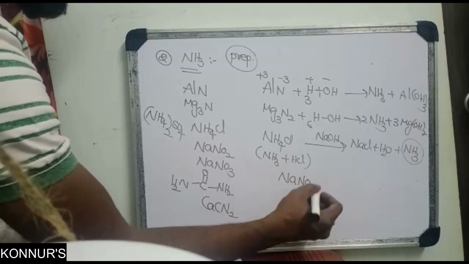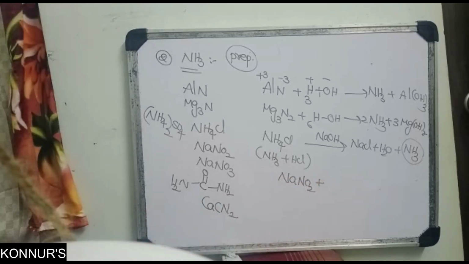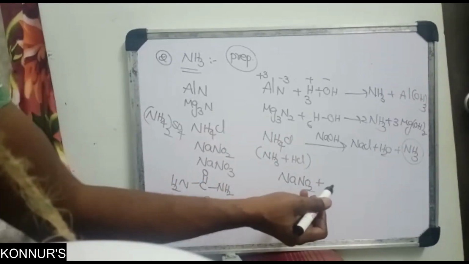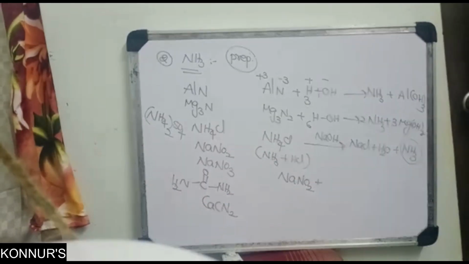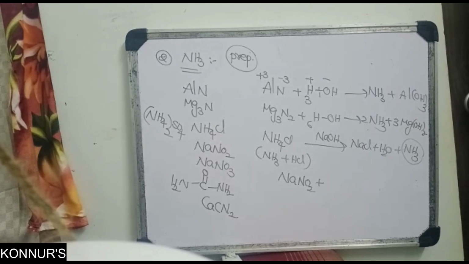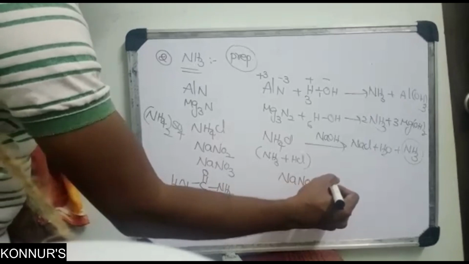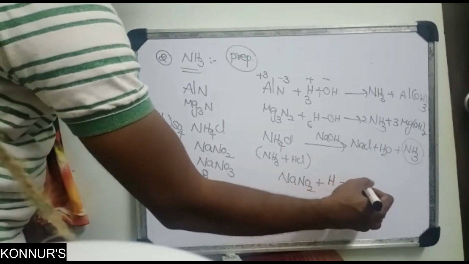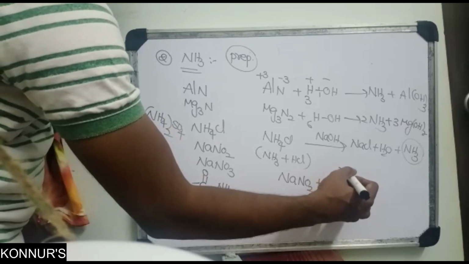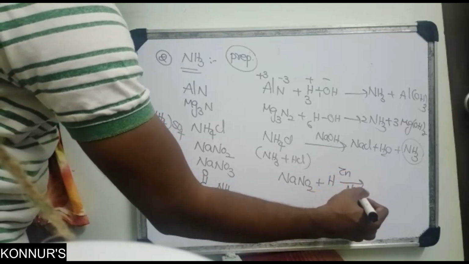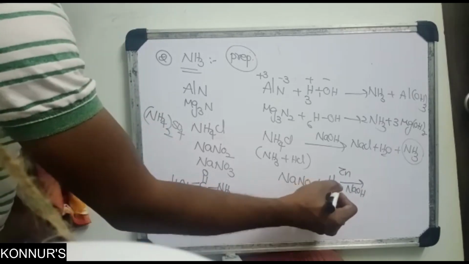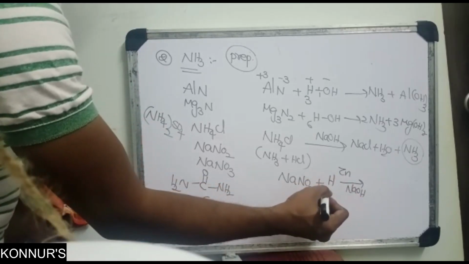So NaNO2, you add water. Hydrogens, water eliminated, hydrogens, ammonia eliminated. So hydrogens you are treated. Then what happens? Suppose zinc plus NaOH we take. So they supply water, hydrogens.